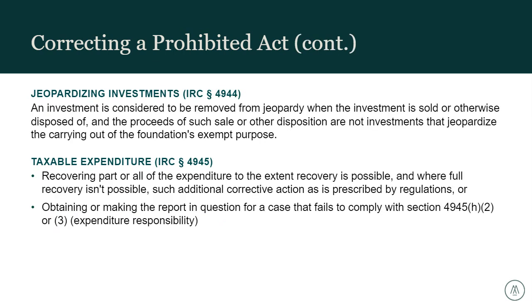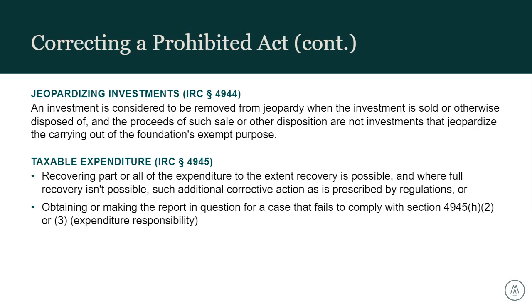And in the case of taxable expenditures, it would be recovering part or all of the expenditure to the extent it's possible. We completely realize that if, for example, you give a grant, and we'll get into grant making shortly, and it's a prohibited act, it can be challenging to get those funds back, depending on timing.